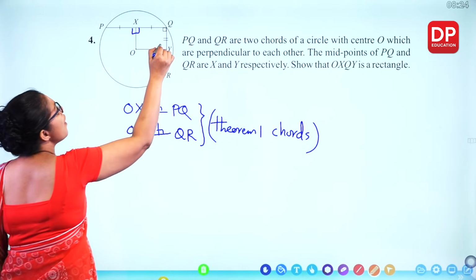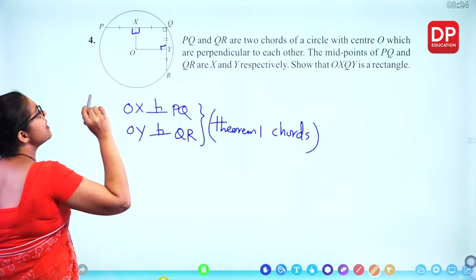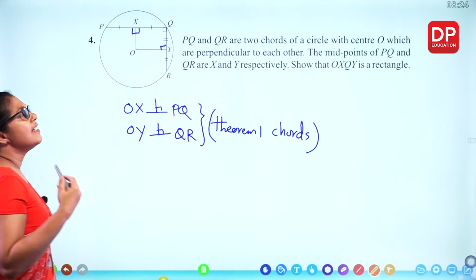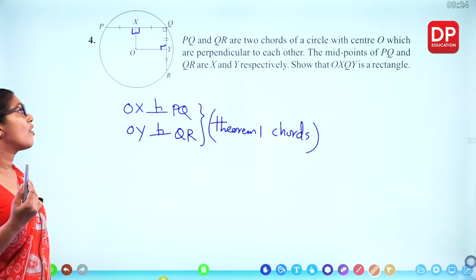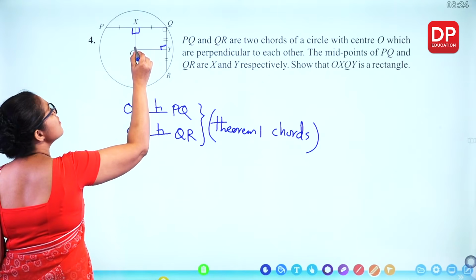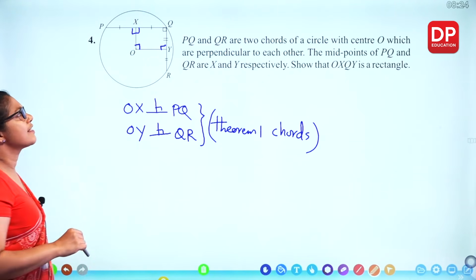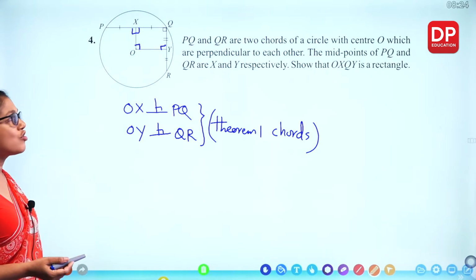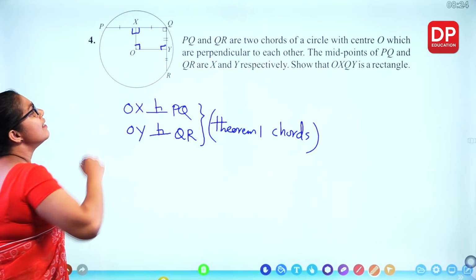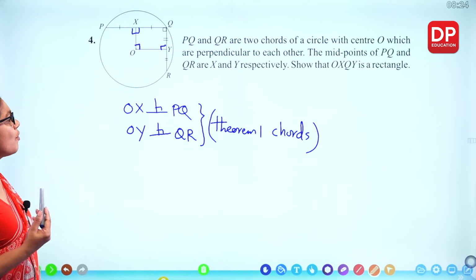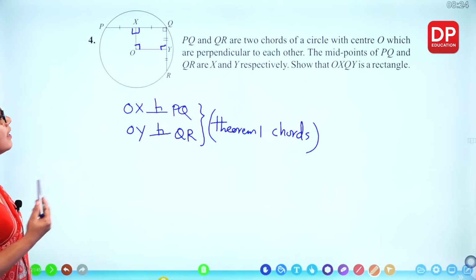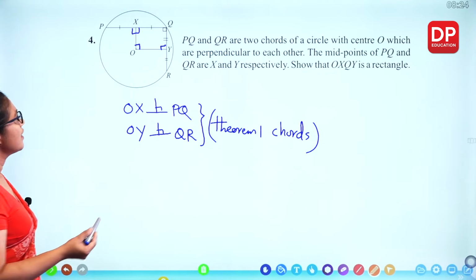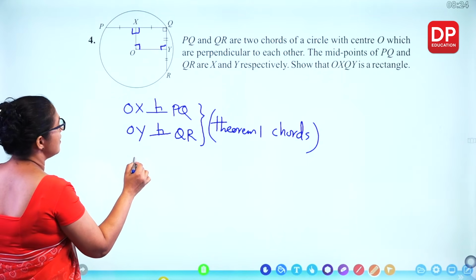So here we found that this is 90, and this is 90, and the sum of angles in a quadrilateral is 360, so this is also 90 degrees. Now we found all angles are 90 degrees each and the two lengths are different. So what can you say about this quadrilateral? It's a rectangle.